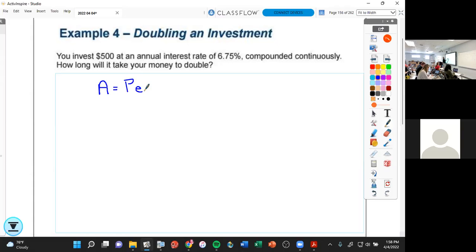Raised to the RT power. Okay, beautiful. What's A? Amount. 1,000. I don't see 1,000 in the problem. Where'd you get 1,000? If you're going to double your money, remember A is after. A is the amount of money you have after it's been compounded. If I want to double $500, I now have 1,000.